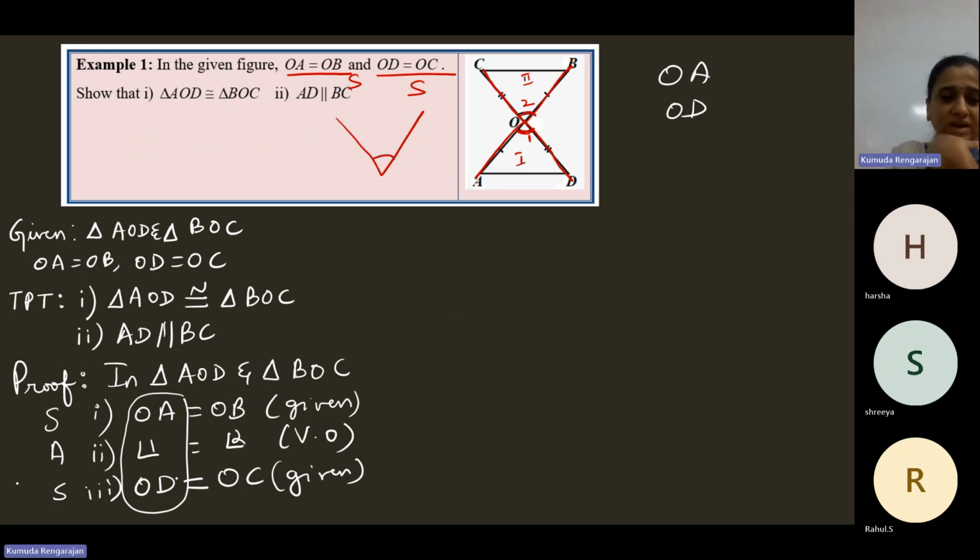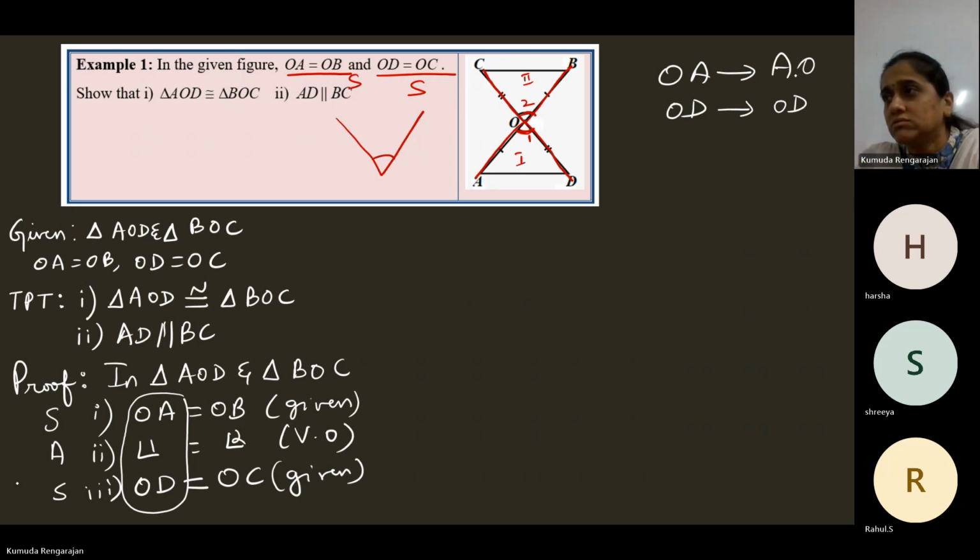You write out these two sides in the rough column. This O is the common letter. The first one should end with the common letter, and the second one should start with the common letter. OA, you write it as AO, and OD. So AO, OD. So the triangle is AOD.